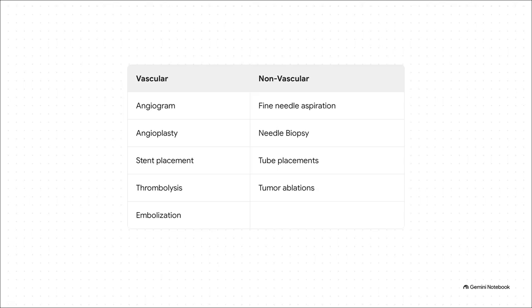It also includes procedures like thrombolysis to break up clots or embolization to block off a bleeding vessel. Meanwhile, looking at the non-vascular side, we have procedures involving distinct organs. So think fine needle aspirations, needle biopsies, tube placements like a nephrostomy tube, or tumor ablations. Having these buckets in your head will instantly orient you when reading clinical documentation.